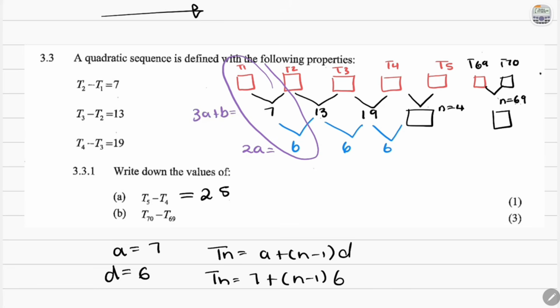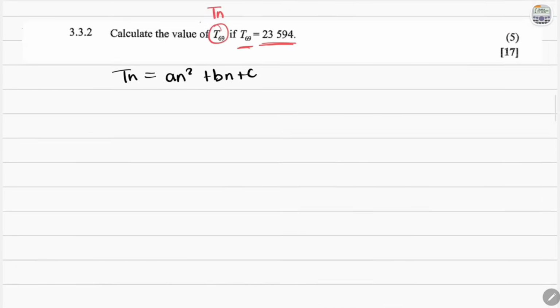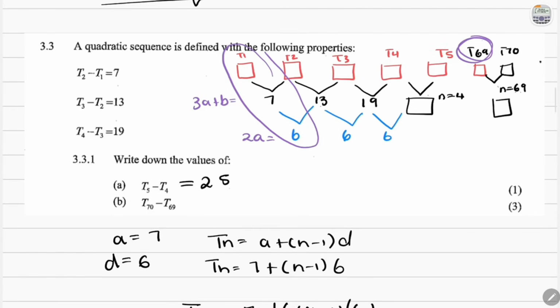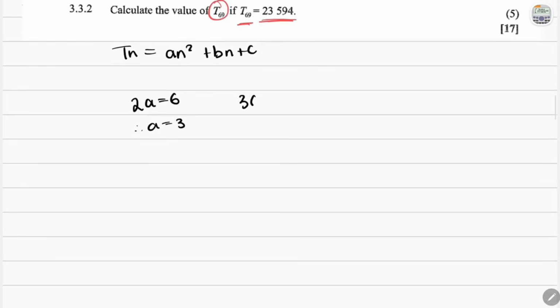And this will help to solve for a and b. And only c will be missing, but that's fine because they told us information about term 69. So we can just say 2a is equal to 6. Therefore, if you divide both sides by 2, a equals 3. And then we can say 3a plus b equals 7. So that's 3 times 3 plus b equals 7. That's 9. So b equals 7 minus 9, which is negative 2.